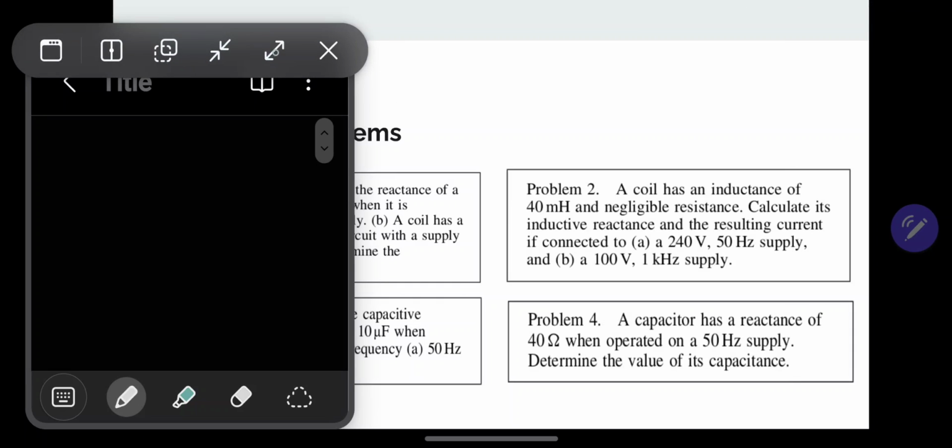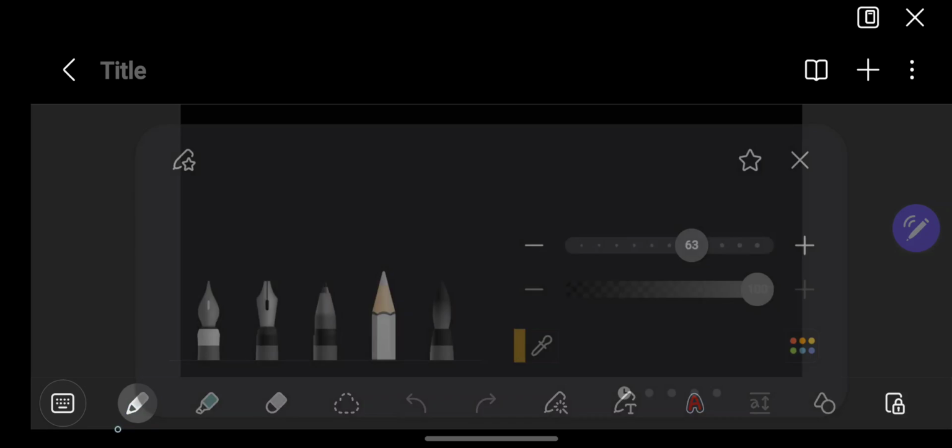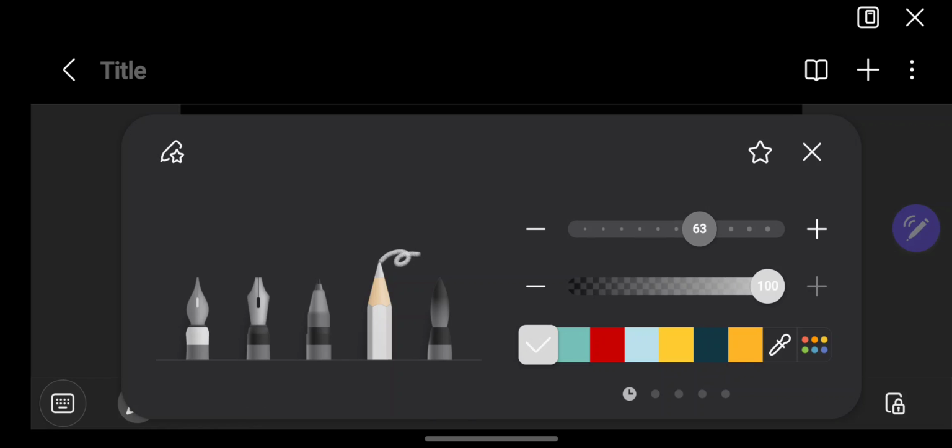So I'm creating a note so that you guys can see what I write. I'll be changing the color of my pen to white. Alright, so remember our formula to calculate the reactance of an inductor.